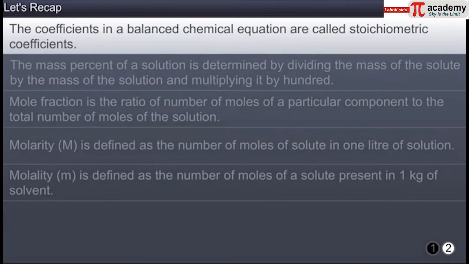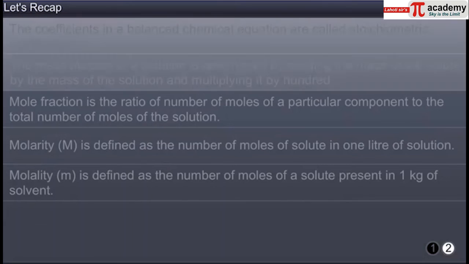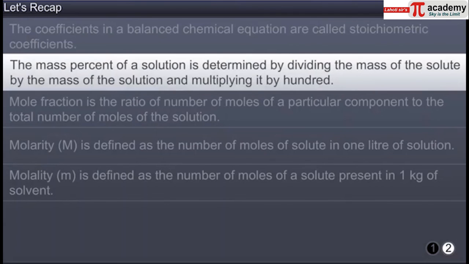The coefficients in a balanced chemical equation are called stoichiometric coefficients. The mass percent of a solution is determined by dividing the mass of the solute by the mass of the solution and multiplying it by 100.